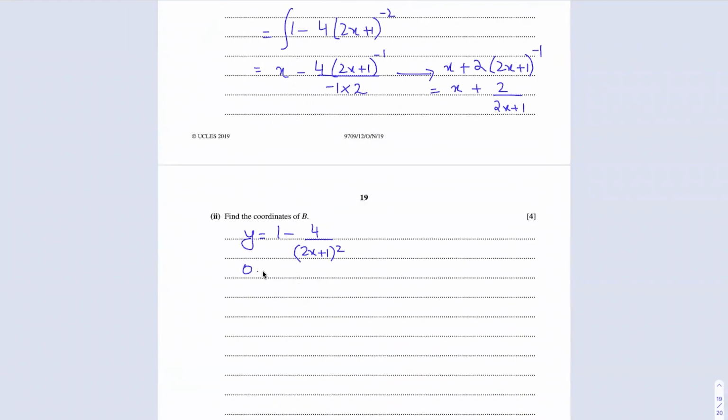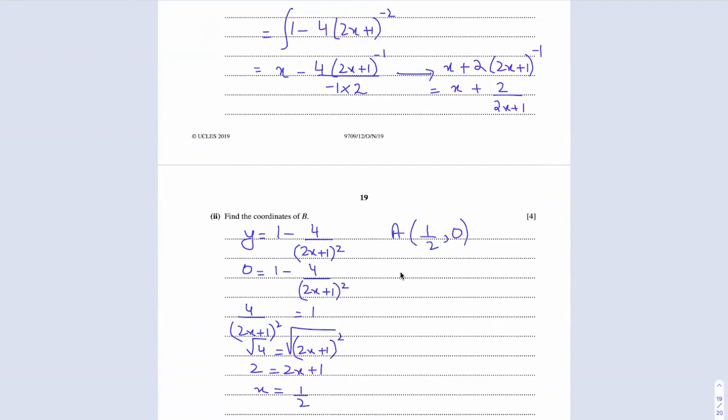We can substitute 0 over here to get the coordinates of A. So 4 upon (2x plus 1) whole squared equals 1. Cross multiplying, we get 4 equals (2x plus 1) whole squared. Taking square root on both sides, this will become 2 equals 2x plus 1. So x equals 1 upon 2. So the coordinates of A are (1 upon 2, 0).